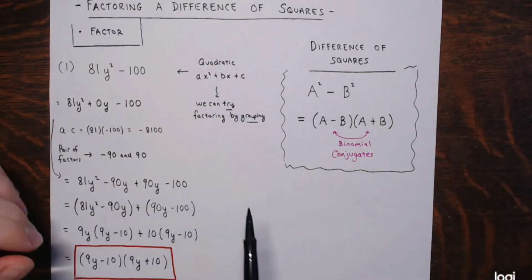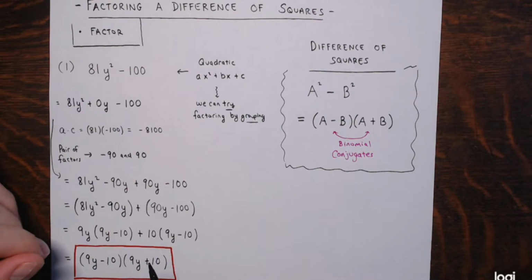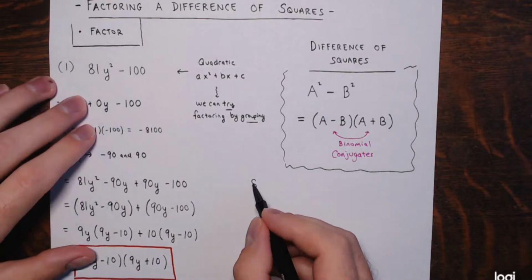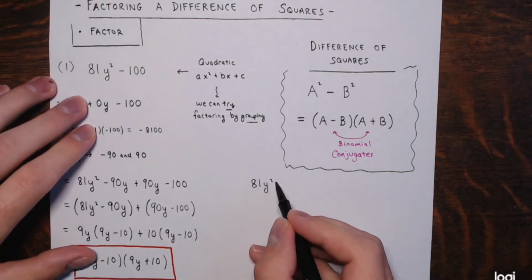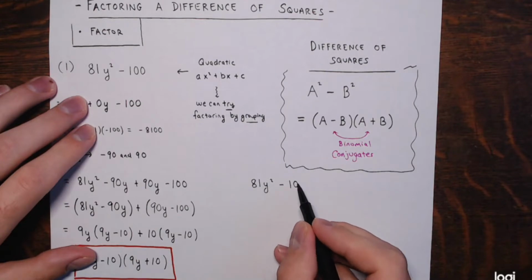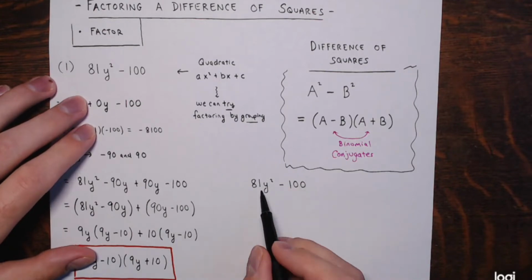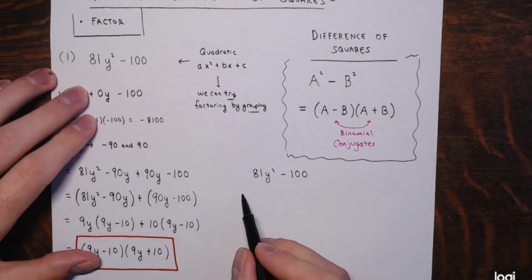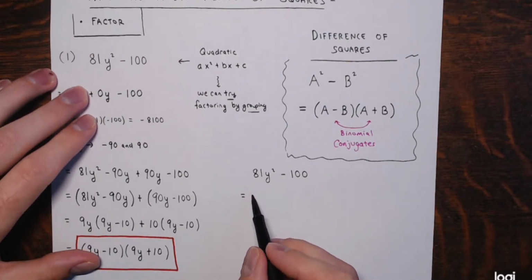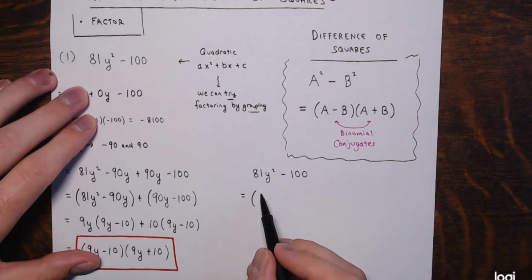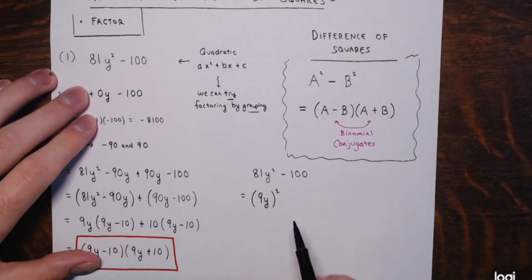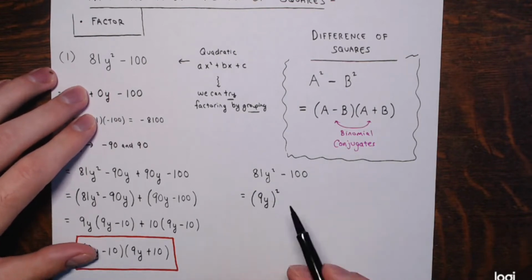All right, let's take a look at our example here. So we have 81y squared minus 100. And you might recognize, hey, this is a square. 81 is a perfect square too. 81y squared you can express as 9y to the second power. 9y times 9y is 81y squared.